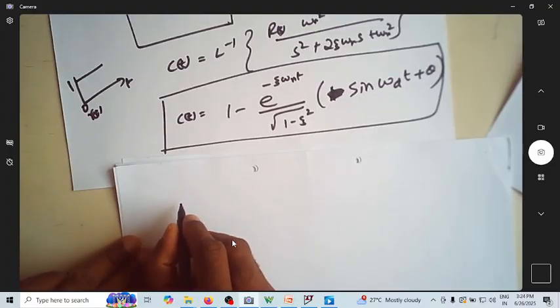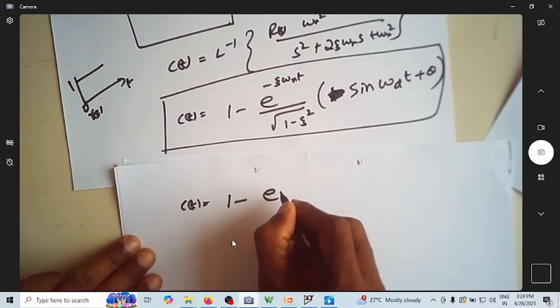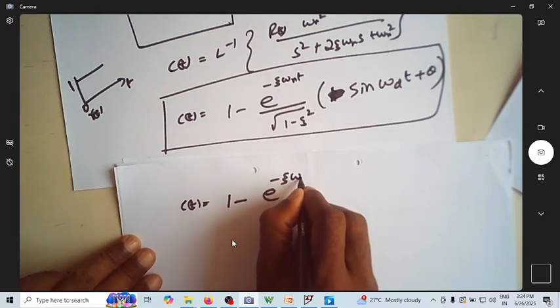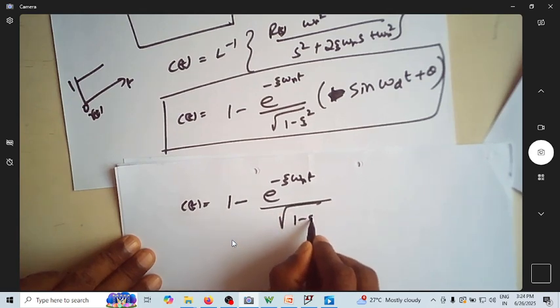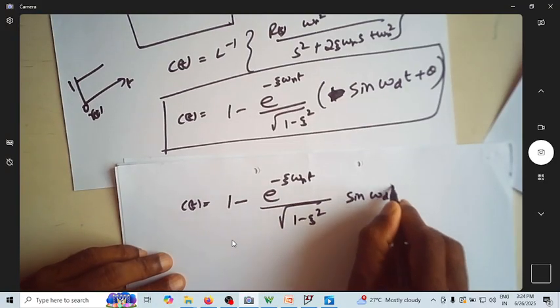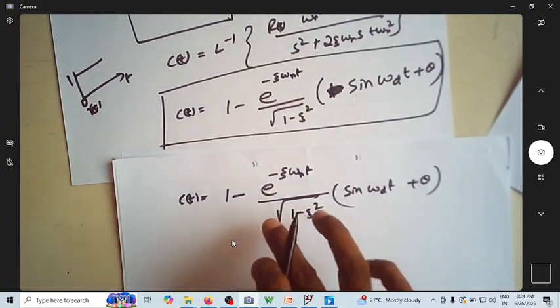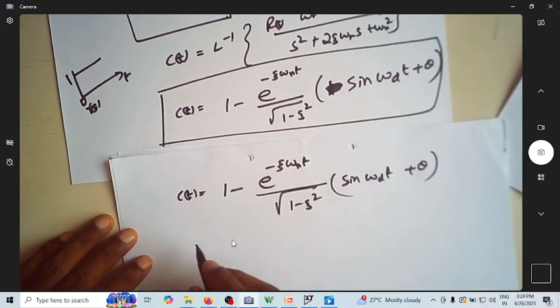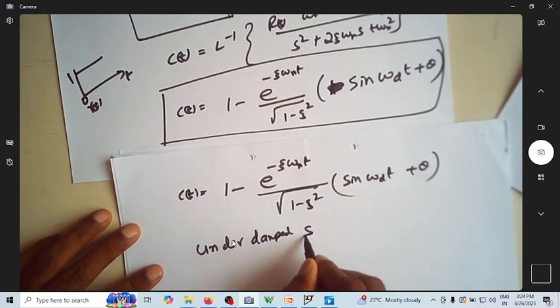As we know, C of t is given by 1 minus e power minus zeta omega n t by root of 1 minus zeta square, sine omega d t plus theta. Now, this is valid for an underdamped system.